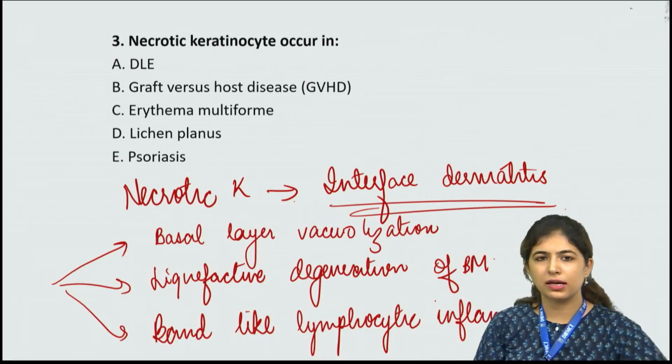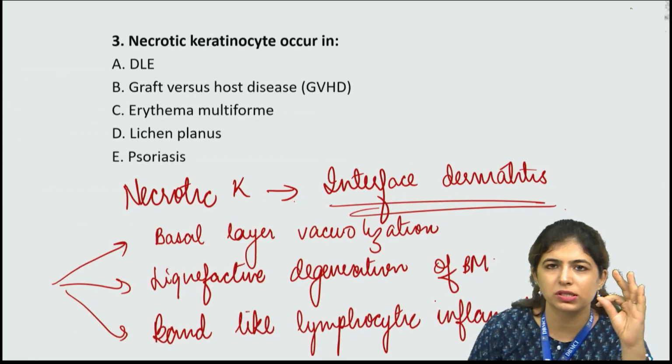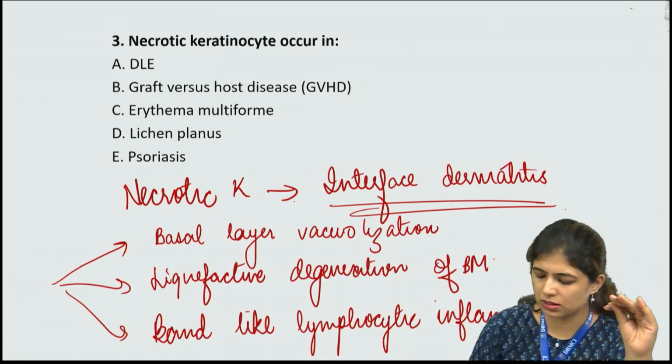So these are the three basic components of interface dermatitis.